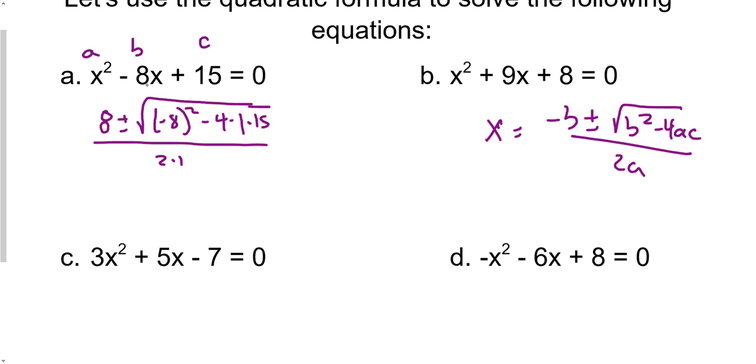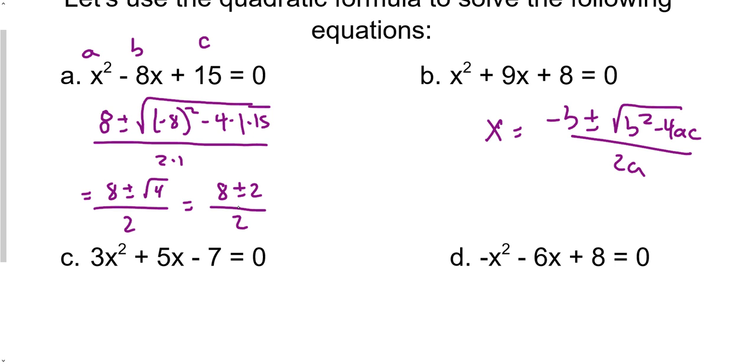Now in practice, you tend to not have to worry about the minus sign here because when you square it, it's always positive. That's 64. 15 times 4 is 60. And so 64 minus 60 is 4. So you're going to get 8 plus or minus the square root of 4 over 2. Now, what's the square root of 4? Well, that's 2. 8 plus or minus 2 divided by 2.